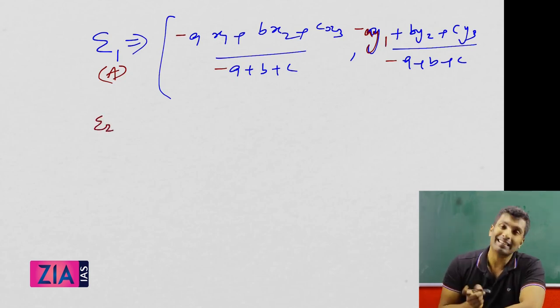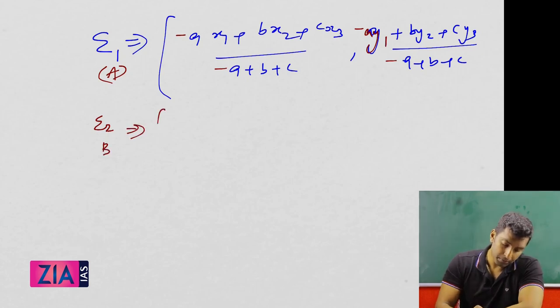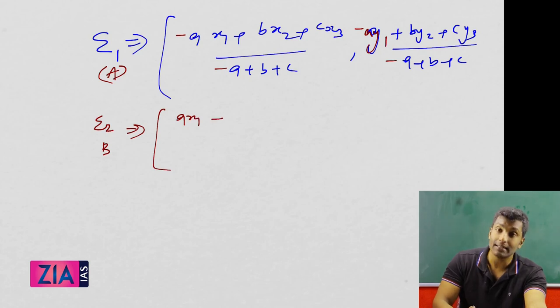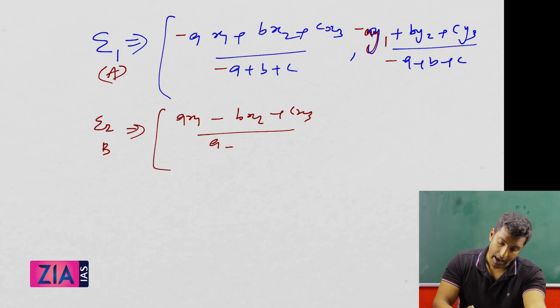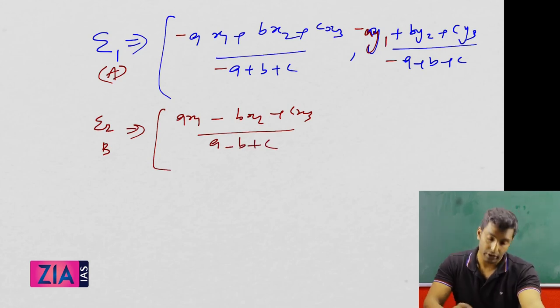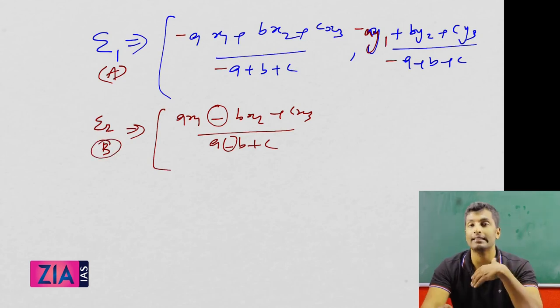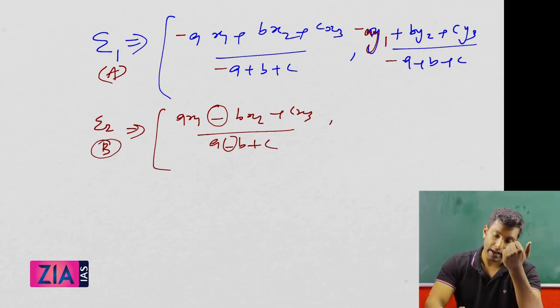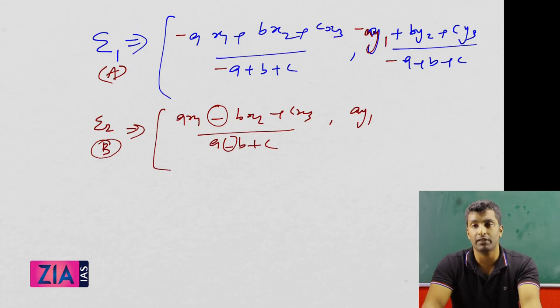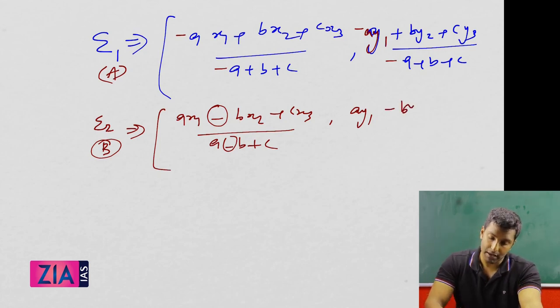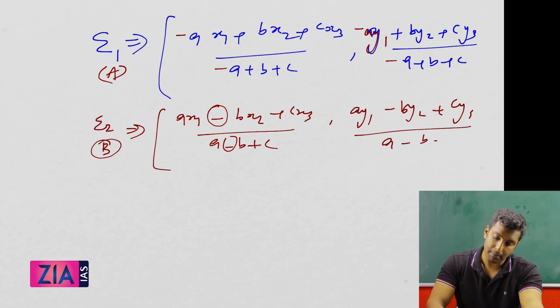Similarly, E2, that is the Excenter opposite to b. What you need to do is make b negative. So that is going to be ax1 minus bx2 plus cx3 divided by a minus b plus c. You can clearly see the minus for b because we are finding the Excenter opposite to b. Similarly, the y coordinate is ay1 minus by2 plus cy3 divided by a minus b plus c.